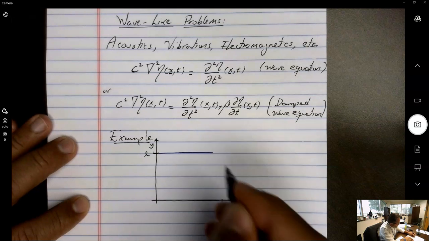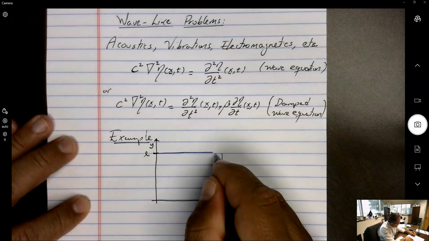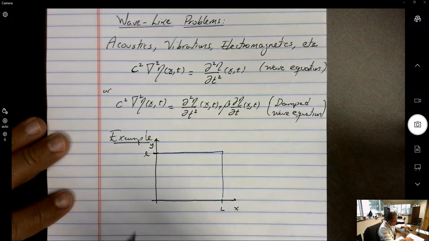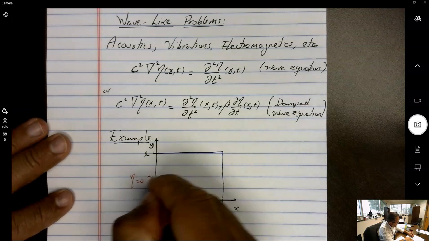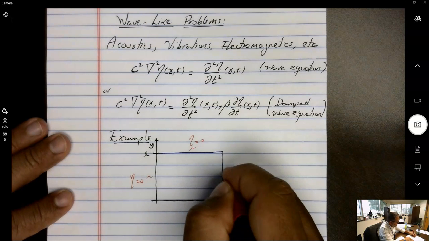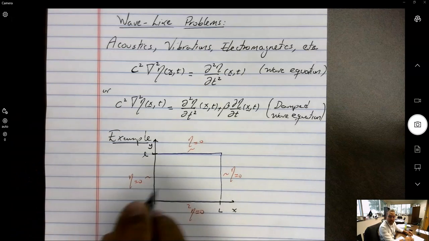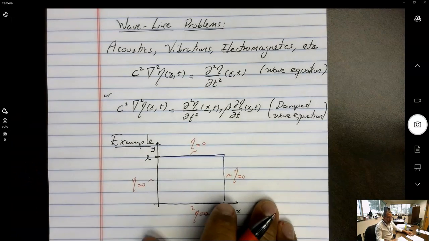And then we're holding eta at 0 here, holding eta at 0, holding eta at 0, and holding eta at 0. So let's say that this is a rectangular membrane.